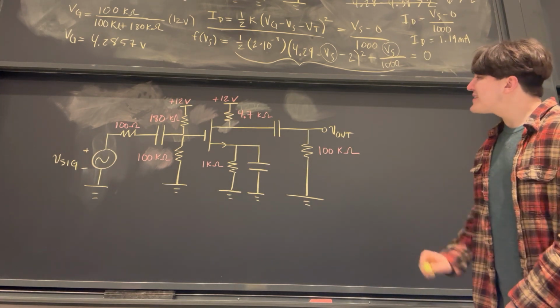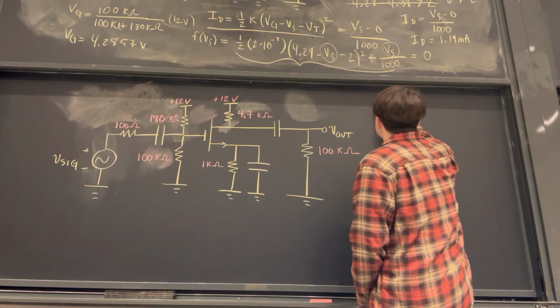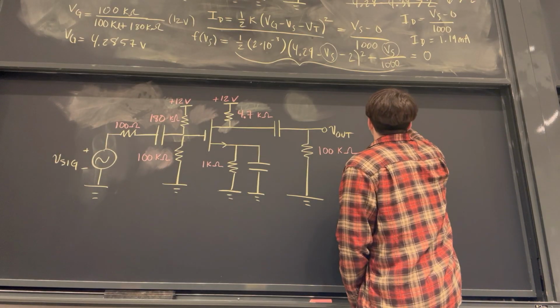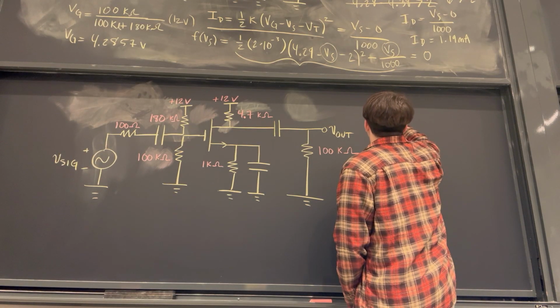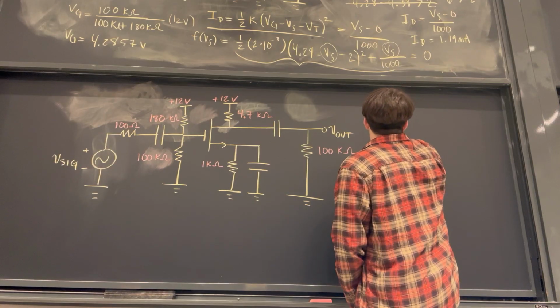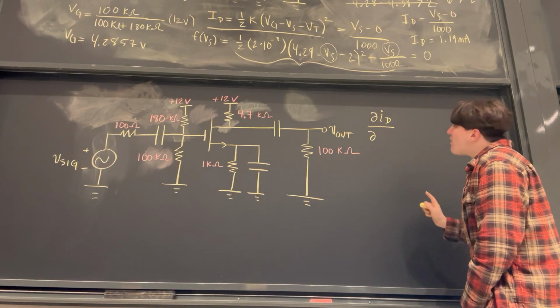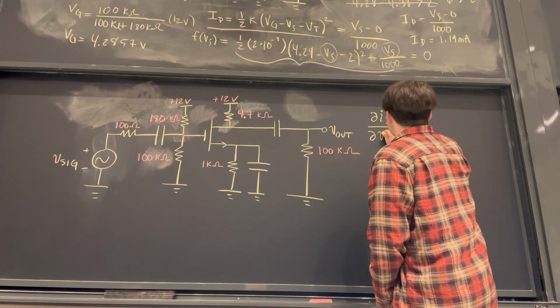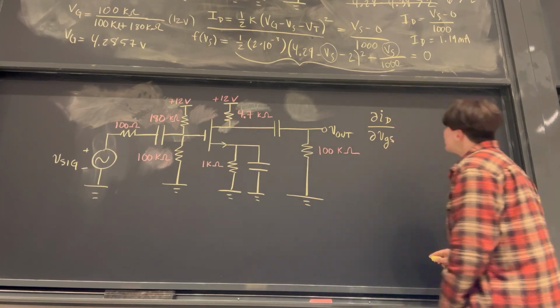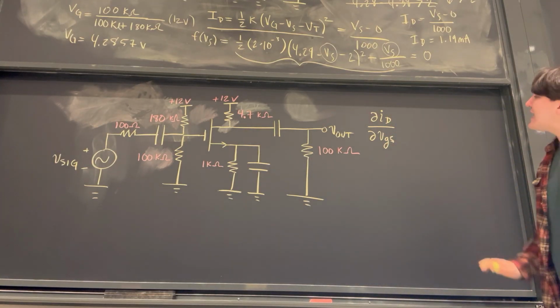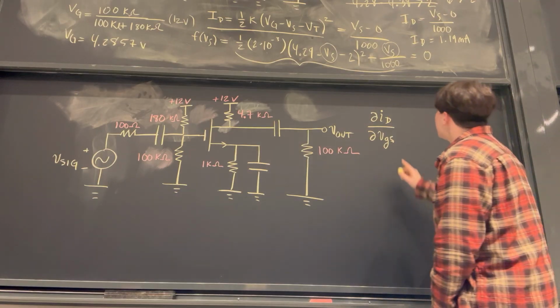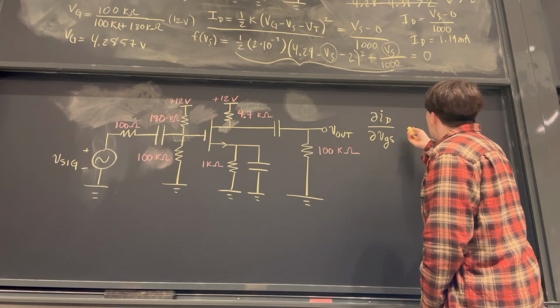The transconductance is going to be the partial derivative of the MOSFET current with respect to the voltage difference between the gate and the source. So this is what we're going to need to find.